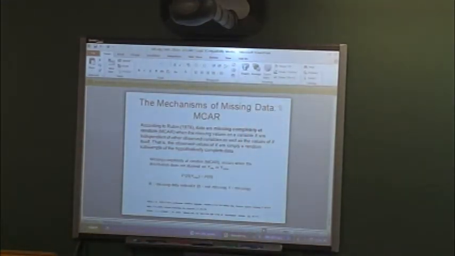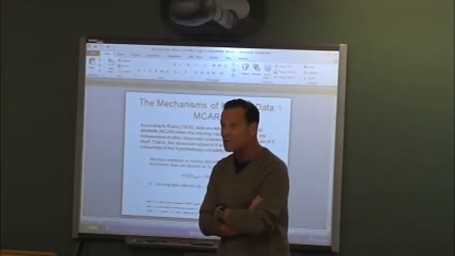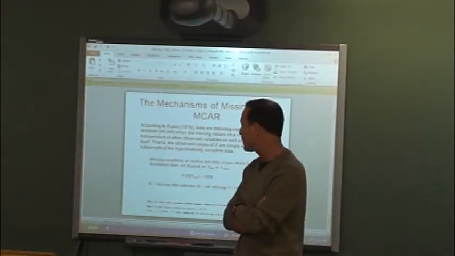The missing doesn't depend on the missing variable or all the other variables in your database. So if I'm missing on depression, you're not missing it based on your depression or every other variable, gender, race, etc. that's in your database.